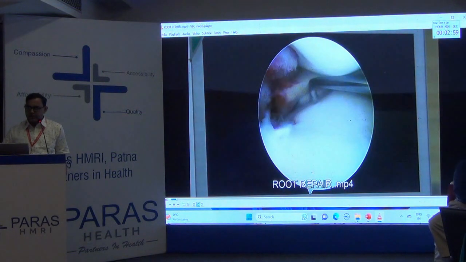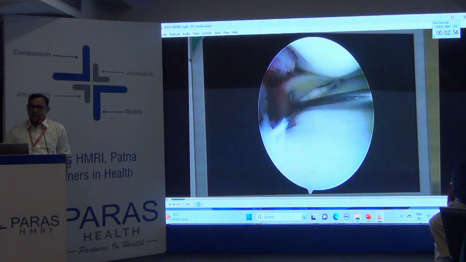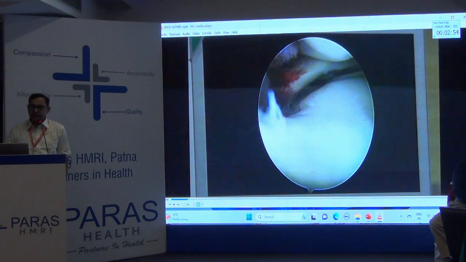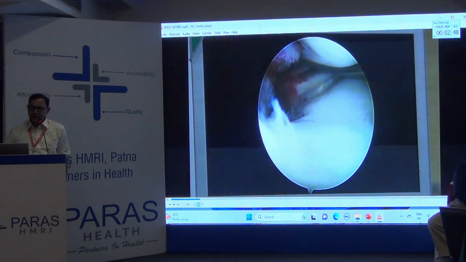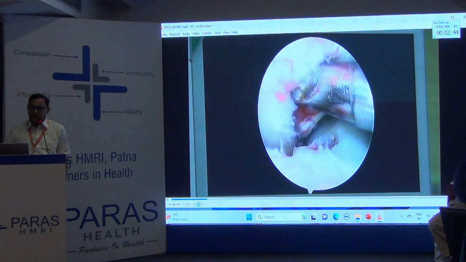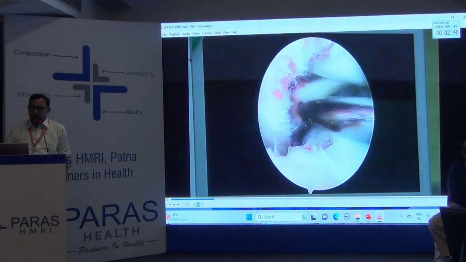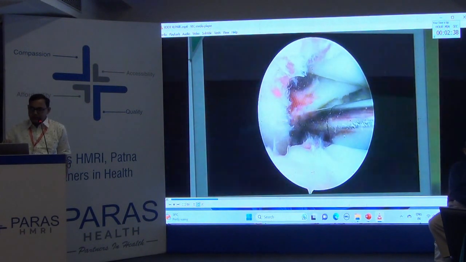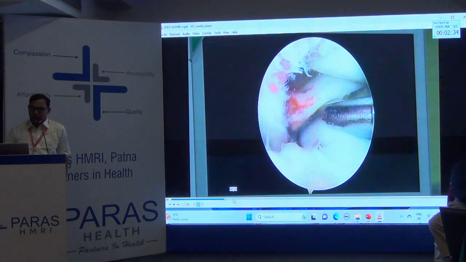So this is the medial side of the knee. Always probe the meniscus. Probing is very essential in the posterior part in a primary or a revision setting. If the posterior root is torn, then we have to debride the base of the meniscus for a good repair.